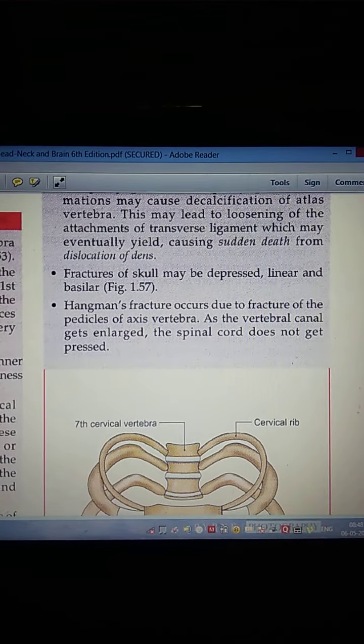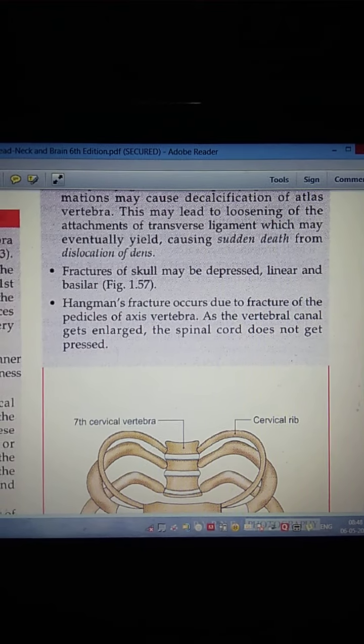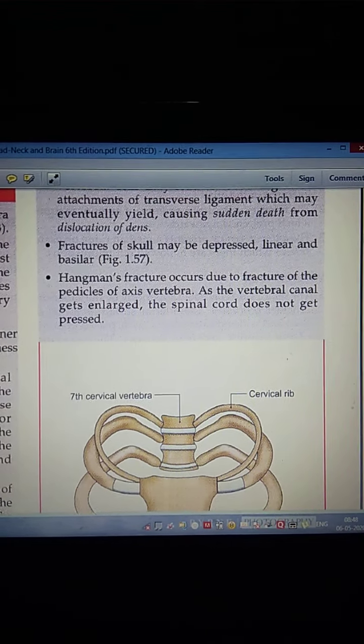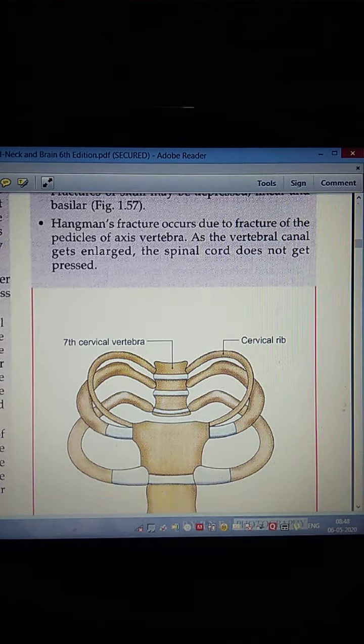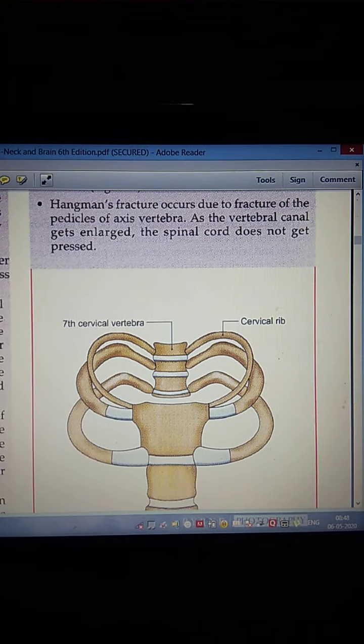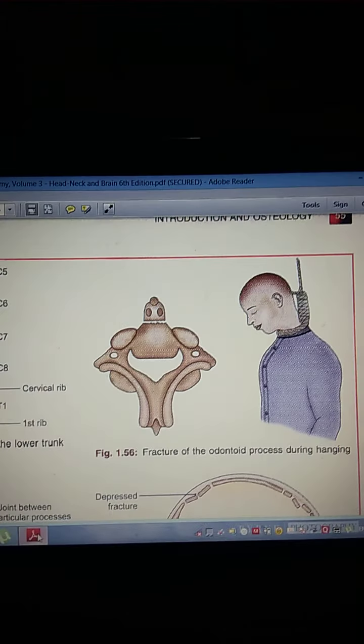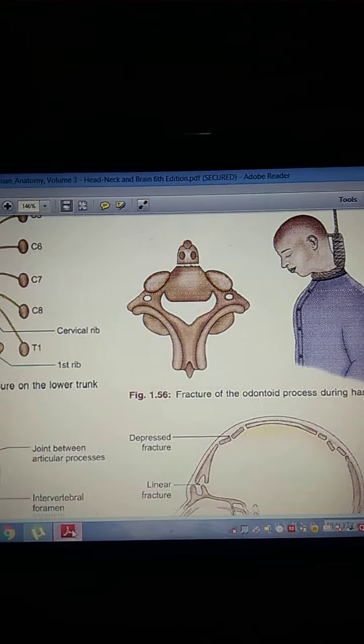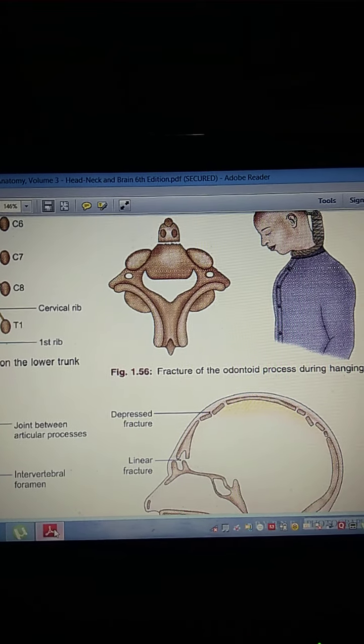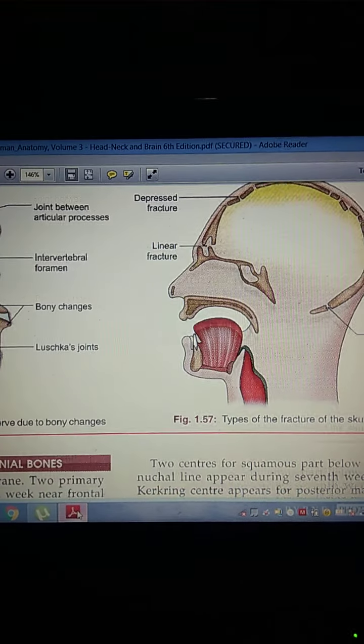Fractures of the skull may be depressed, and hangman's fracture occurs due to the fracture of the pedicles of the axis vertebra. This is the figure of the bilateral cervical ribs. These are the different clinical anatomy figures you can see here.